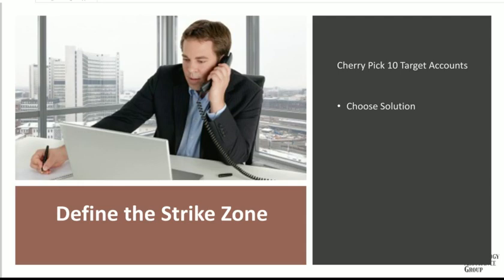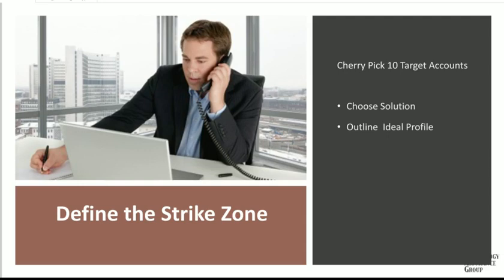We start with that, and then from there we take a look at, okay, what is the ideal profile? If it's managed IT, maybe we want to go after customers that are, say, 20 to 30 seats, and that could be a sweet spot. Depending on the base, maybe higher, maybe lower. Everyone's going to be a little bit different, but the point is we want to figure out who's ideal from a profile standpoint.